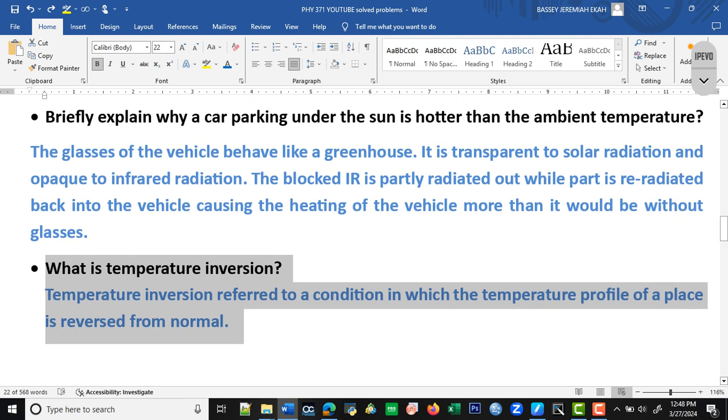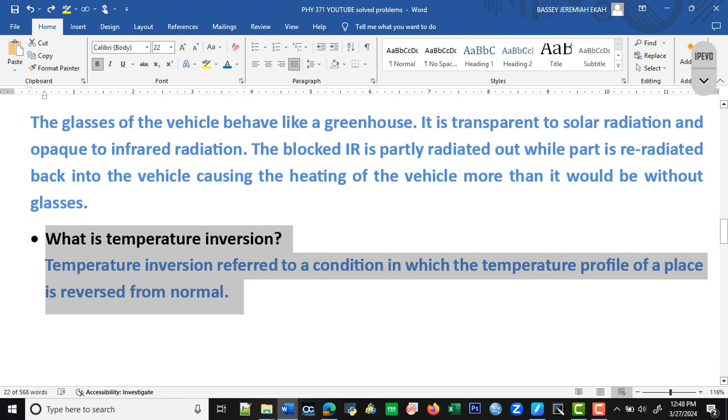But it's not like that in our atmosphere. At a certain point, temperature, instead of becoming cooler, tends to increase as you go higher. That's what we mean by temperature inversion.